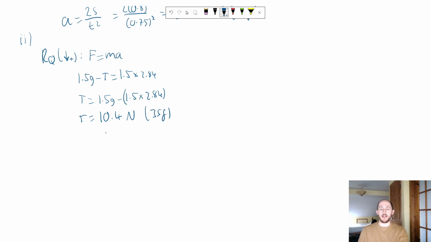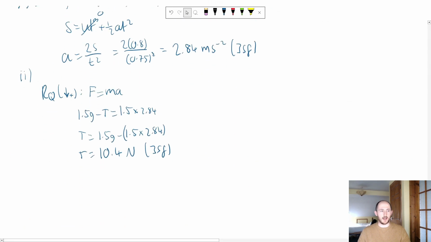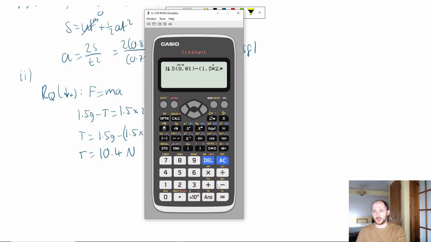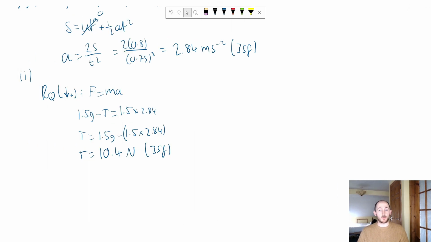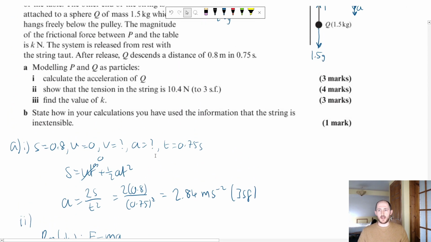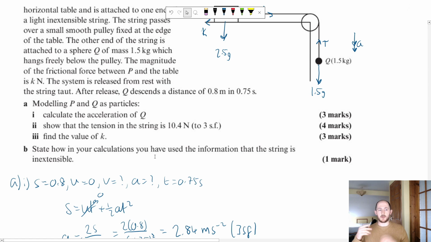If you're wondering why I got 10.5 instead of 10.4, it's because they used 9.8 as their value for g. So we did get the right answer, just in case you're wondering. The reason why I always use 9.81 is because some exam boards use 9.8, some use 9.81.